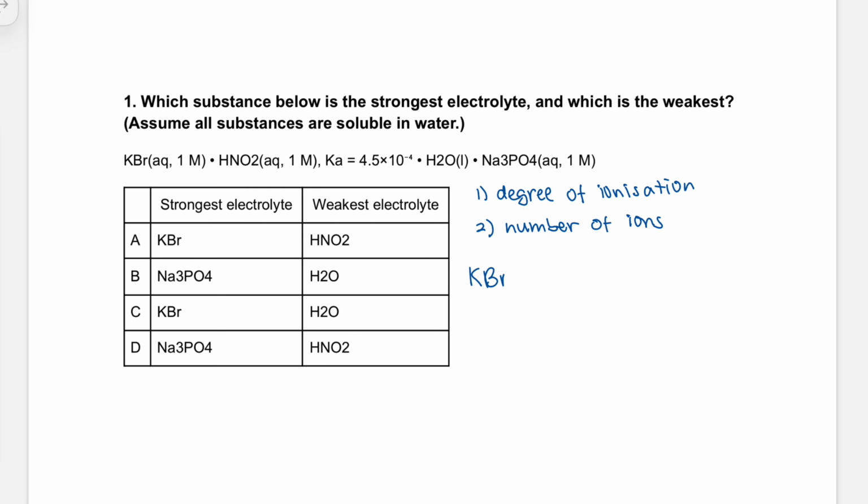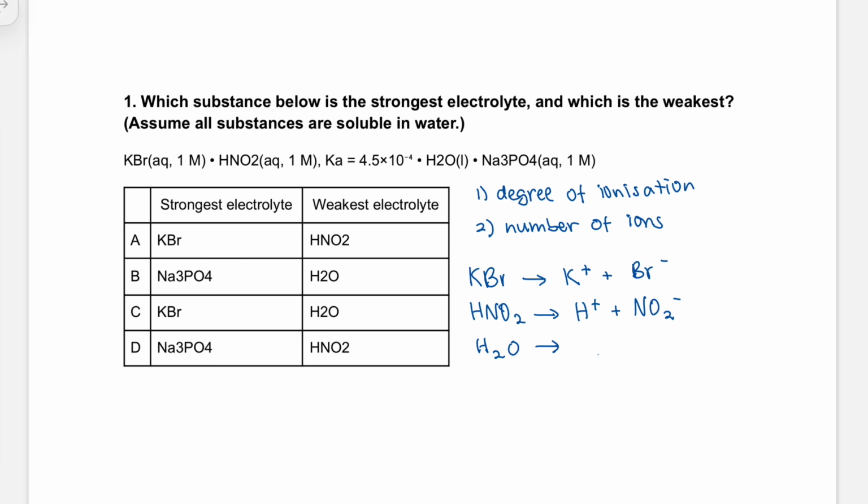So we have KBr first. This will dissociate into K plus and Br minus. Now we have HNO2, which will dissociate into H plus and NO2 minus. Then we have H2O.